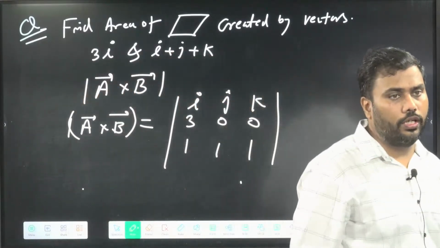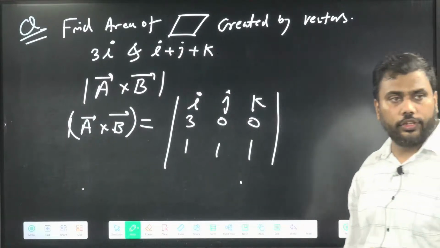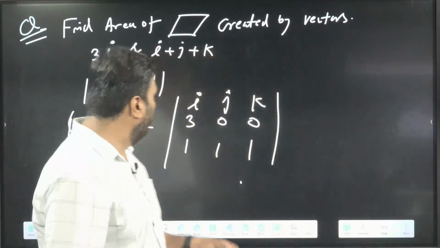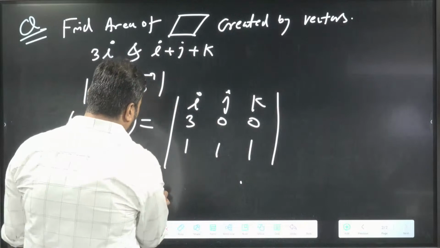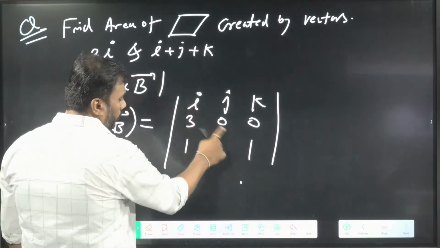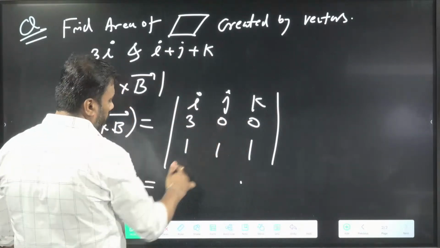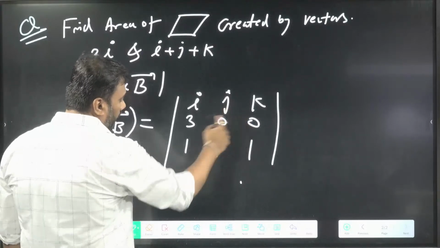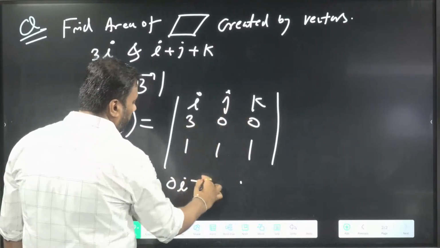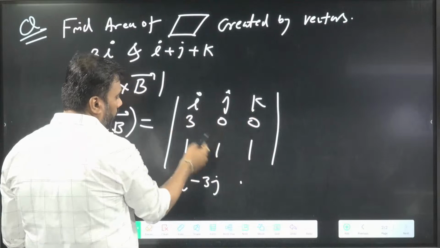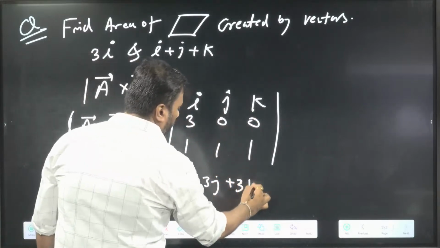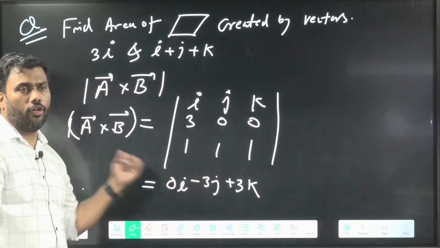So i into 0 minus 0, that is 0i. j into 0 minus 3, that is minus 3k. k into 3 minus 0, that is 3k. This is our cross product.